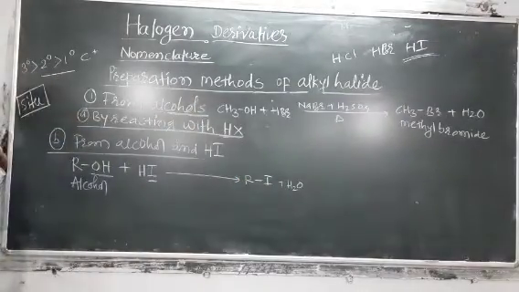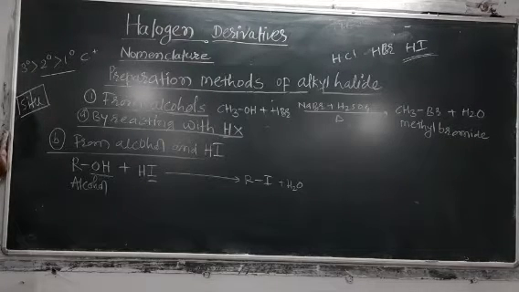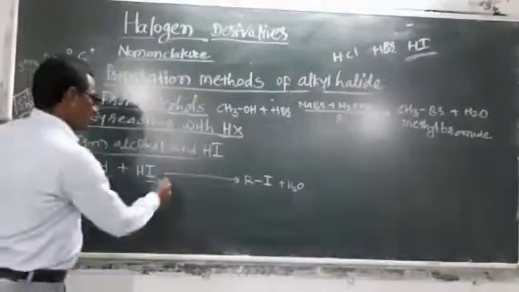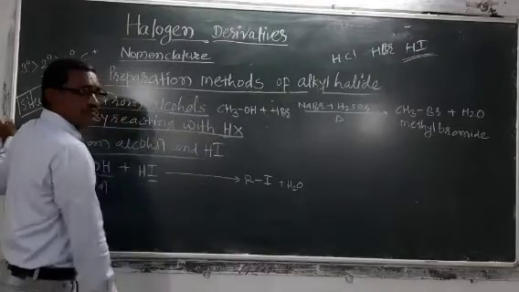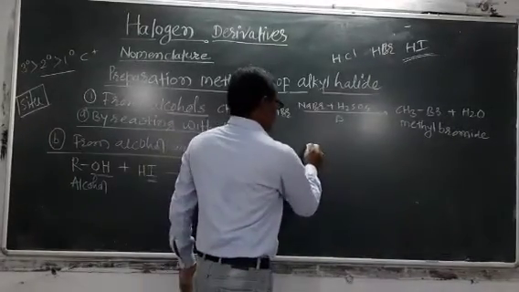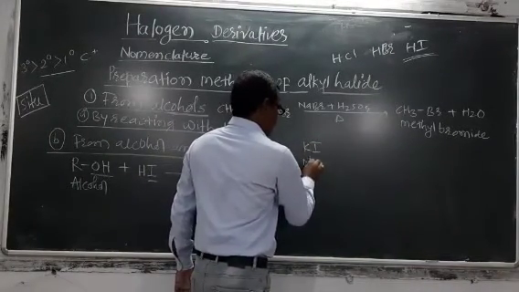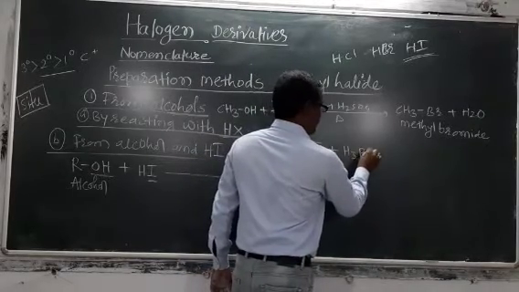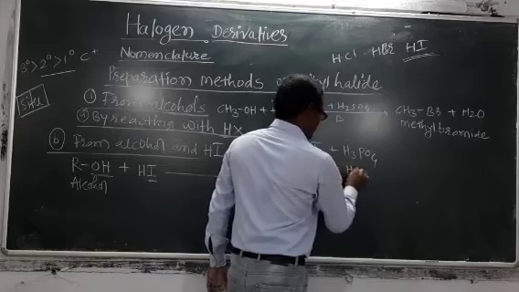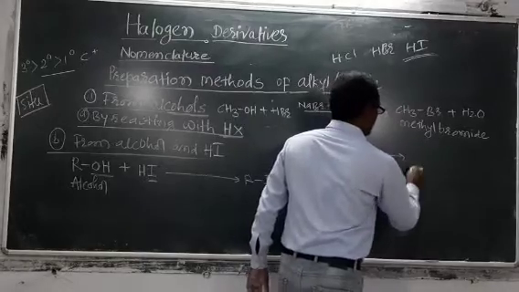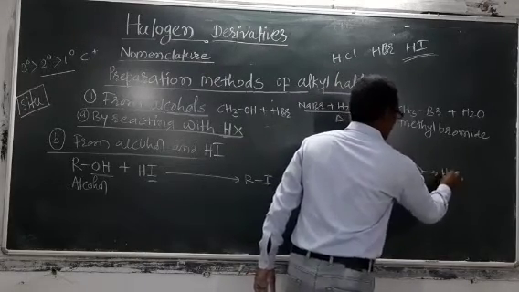But here again there is one twist. Like the first and second examples, HCl and HBr, here again one twist. Here we have to use sodium iodide or potassium iodide with phosphoric acid, H3PO4, to get HI.